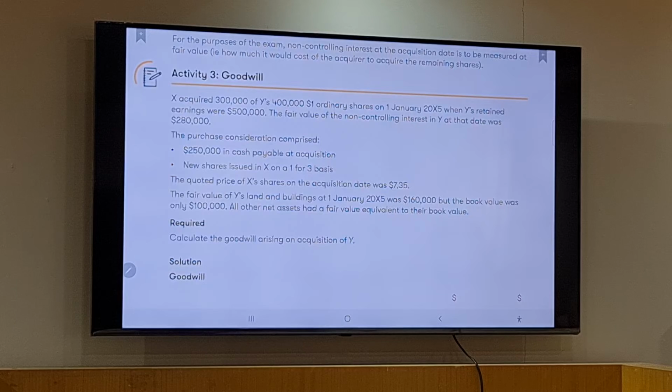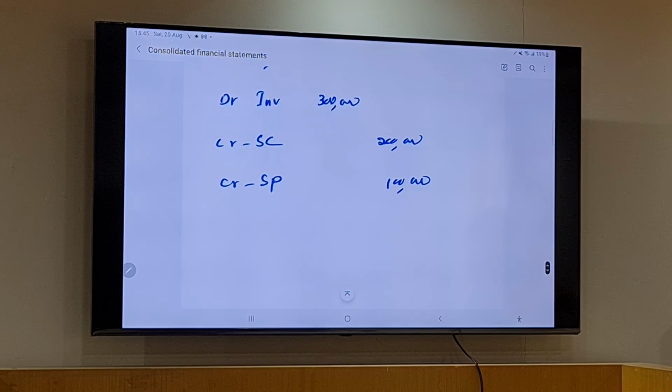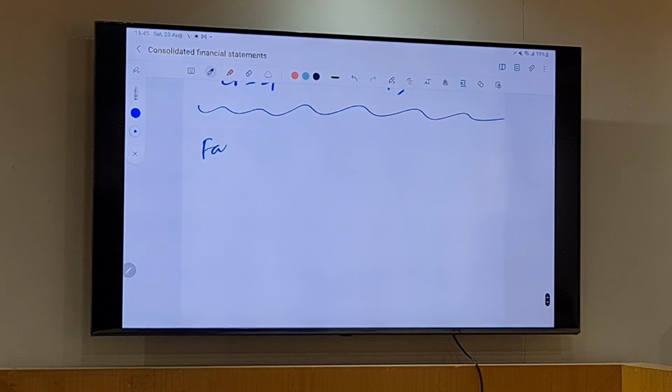There is another new point here. The fair value. I will give an idea for that also. Now we learn in property, plant and equipment how to do the revaluation. And here, let's say they are purchasing this room, and this table, assume it is a very important table.